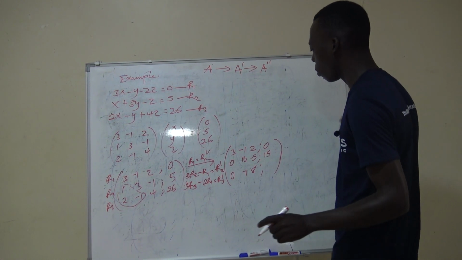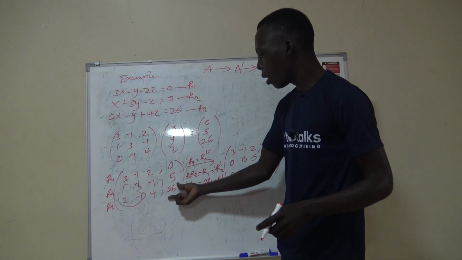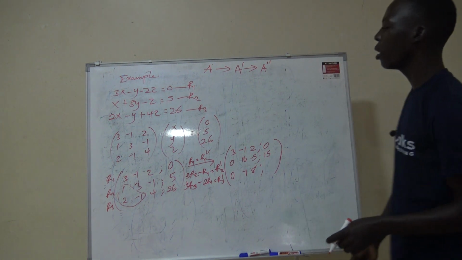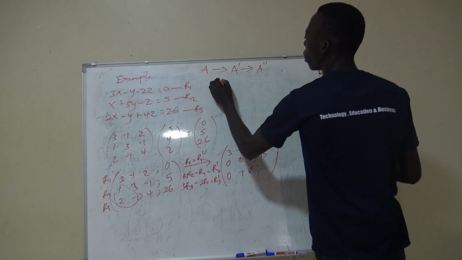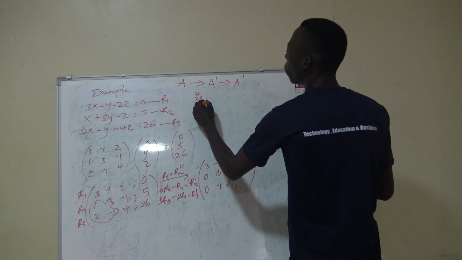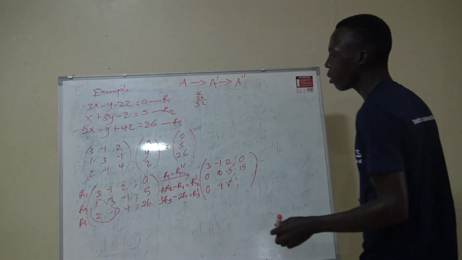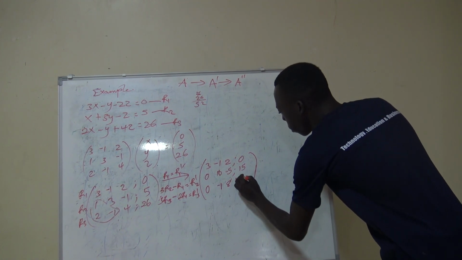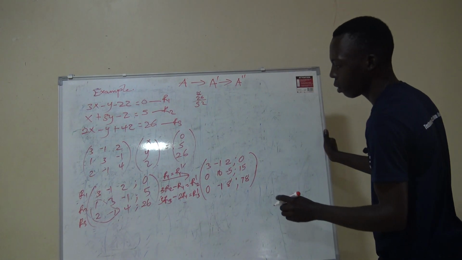So b equals the other side, which is 26. 26 times 3, that is 26, 26, that is 52. Then plus 26, you get 78. So it becomes 78.